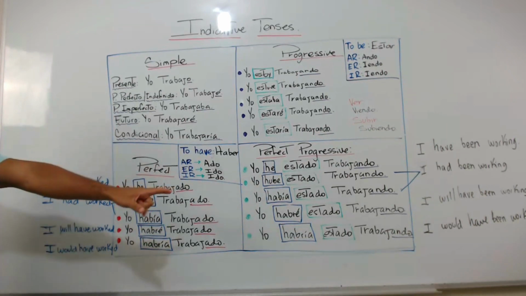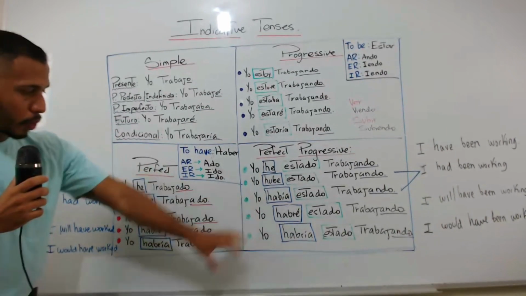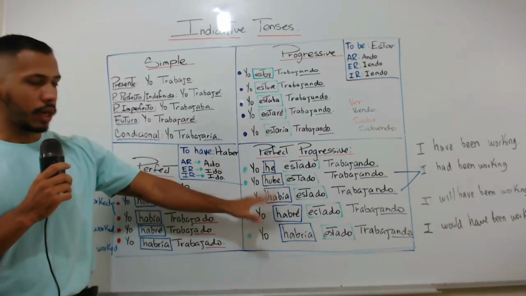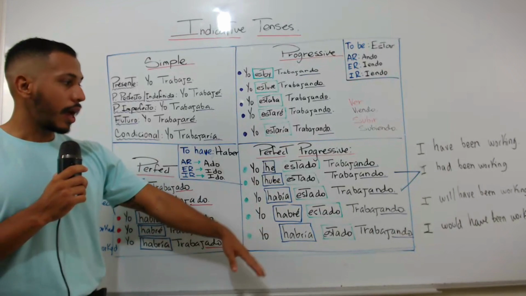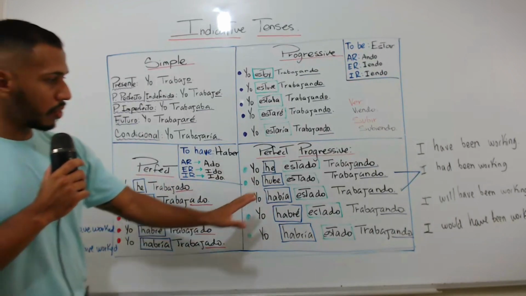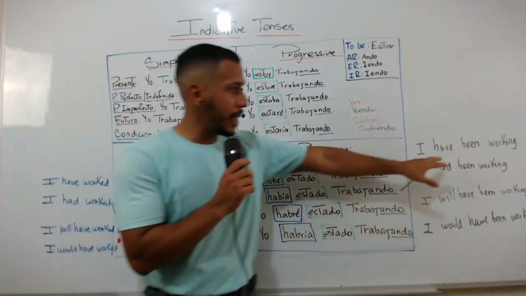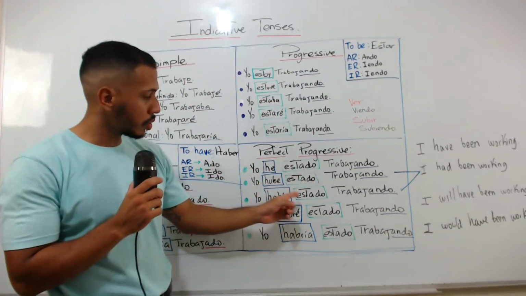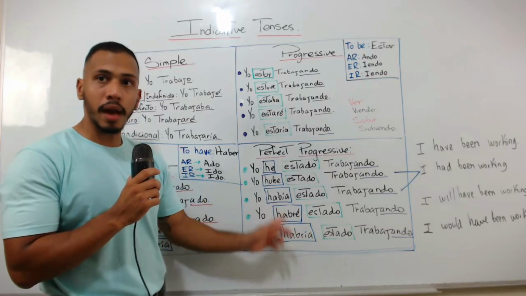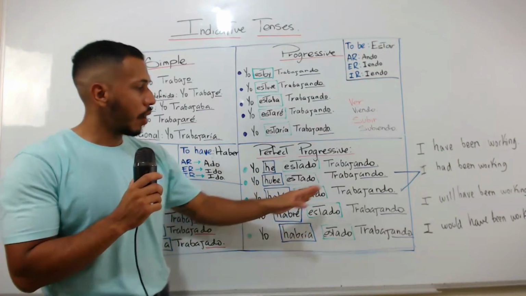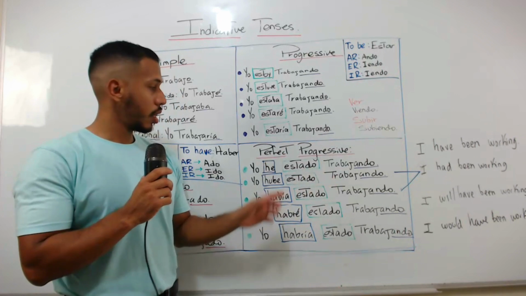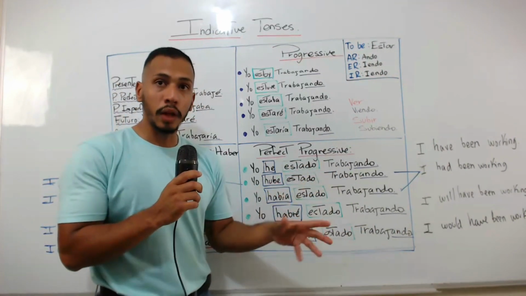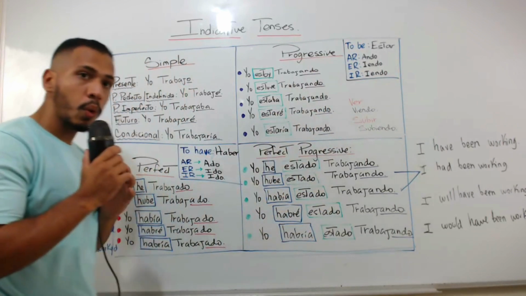Okay, with this one, the perfect progressive, the key is the helping verb haber, okay? And with this being, it will always be estado, always. You see, it doesn't change. It doesn't matter what tense it is. Now these two won't change ever. It will always be estado, trabajando, ando, iendo. So what are we doing?